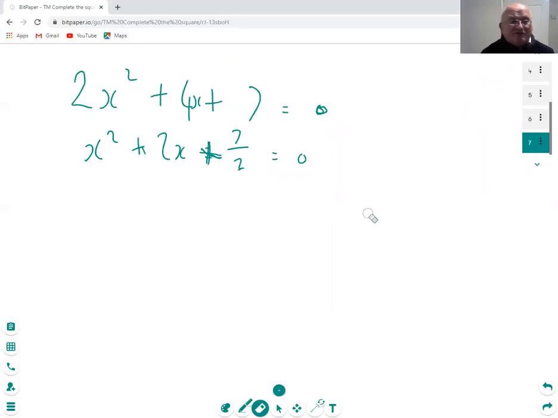I only gave one example yesterday of completing the square, and I gave an example where the coefficient of x squared, the number in front of it, was 1. And actually you kind of need it to be 1 to complete the square. It might be possible without, but I wouldn't want to try it.